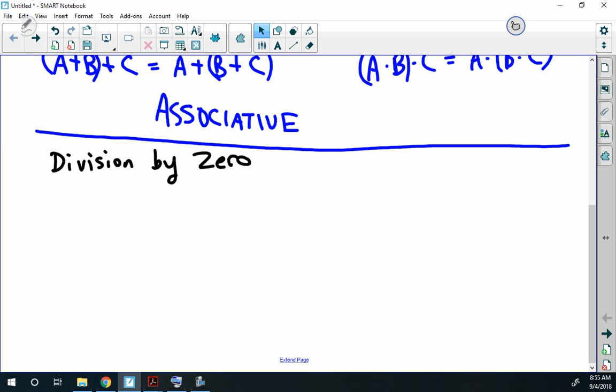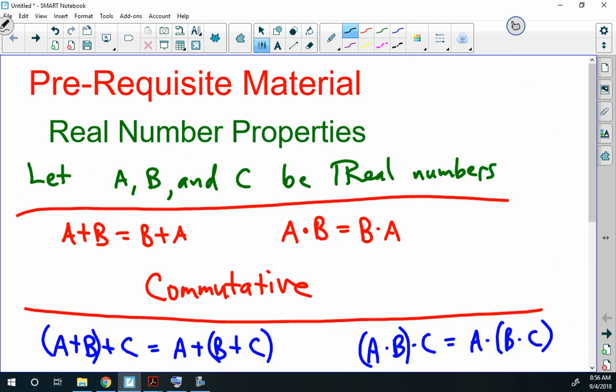Division by zero. Suppose we have something like a divided by zero. Now, there is an assumption that we need to make about the real numbers a, b, and c. Remember earlier I said let a, b, and c be any real number? I probably ought to clarify this.